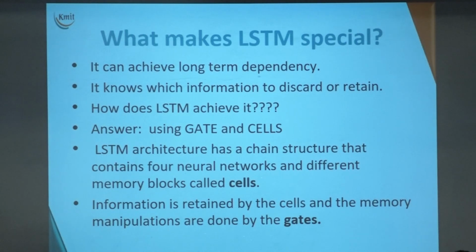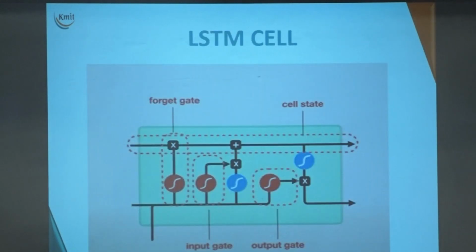It can achieve this using two things. One is a gate, another is a cell. I already told you. Gates are of how many types? What are they? Input, output, forget. And the cell that holds that memory, we call that the memory cell. So this is an LSTM cell. All of you just have a look. How many parts has it been divided into?